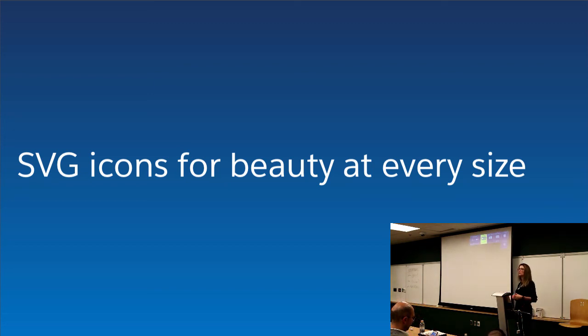I think the retina screens and things like that have really helped to make people realize, well, we had this thing we could have been using, but we never really have been using them very much. So we have a consistent crisp look for our icons at any resolution. And we have instructions on how to use them. We use icon sprites. And so on the icon page itself where you choose your icons, and then there's also an icon component that tells you how to pull it all together.